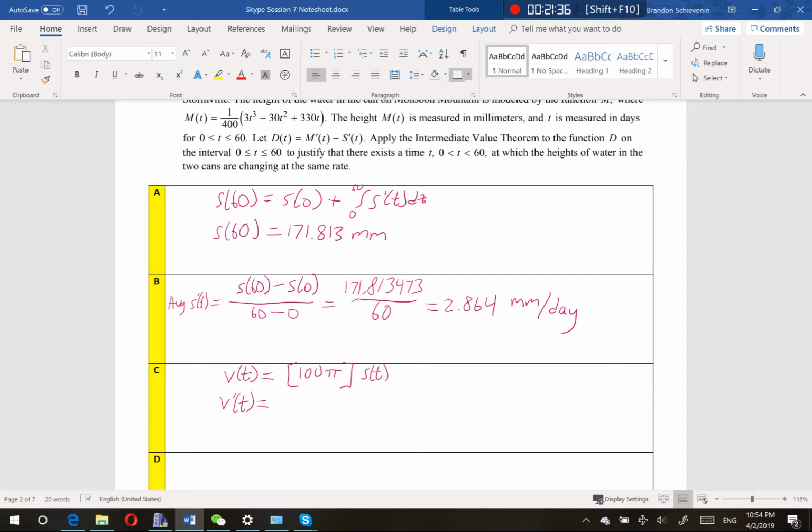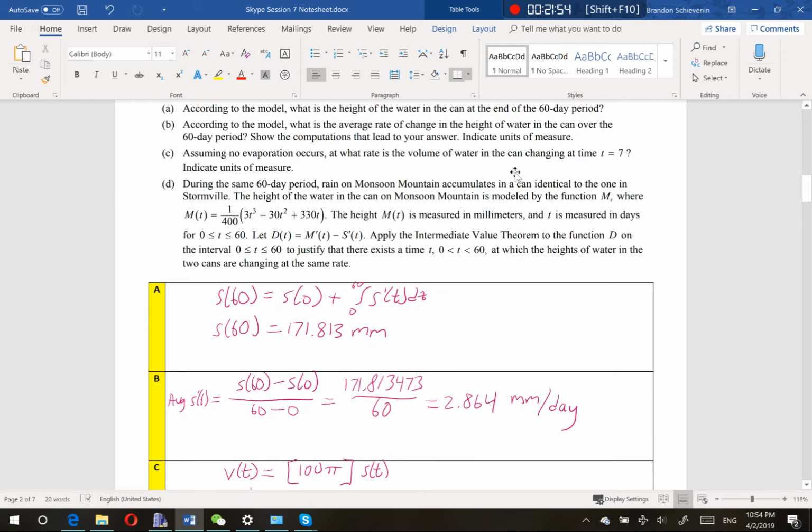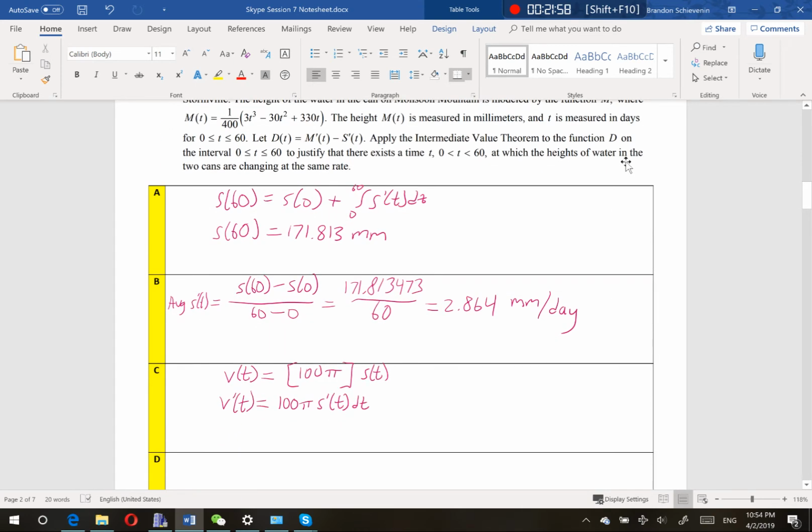Into s prime, 100 pi. Okay, 100 pi times s prime at t dt. So I wanted to find the rate at which the volume is changing at the time t equals 7. So what do I have to do here?